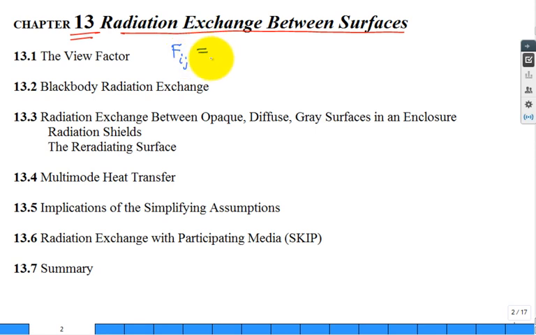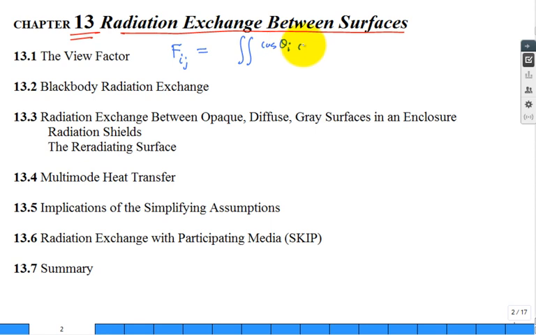Sometimes it's useful, but a lot of times it's not, because it is a double area integral, and it has the cosine of an angle, where the direct line between the points of integration and the normal of surface i, that's the cosine of theta i.